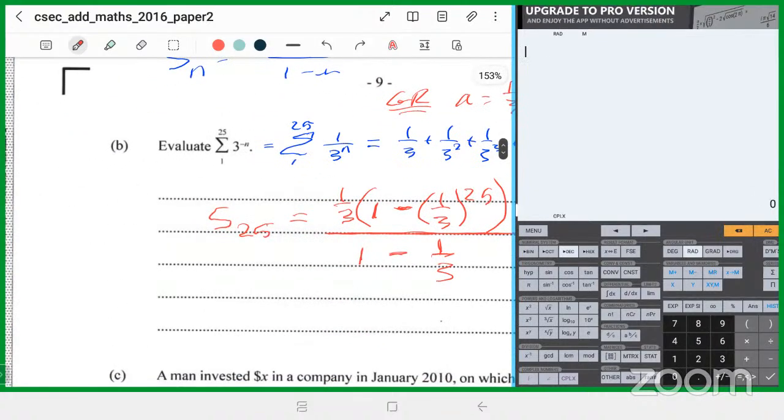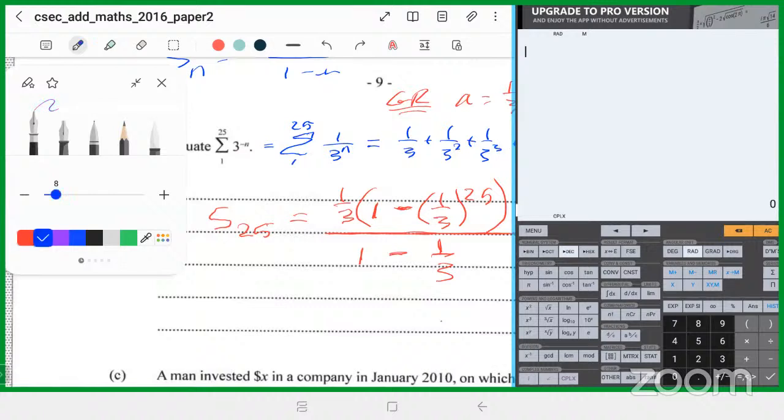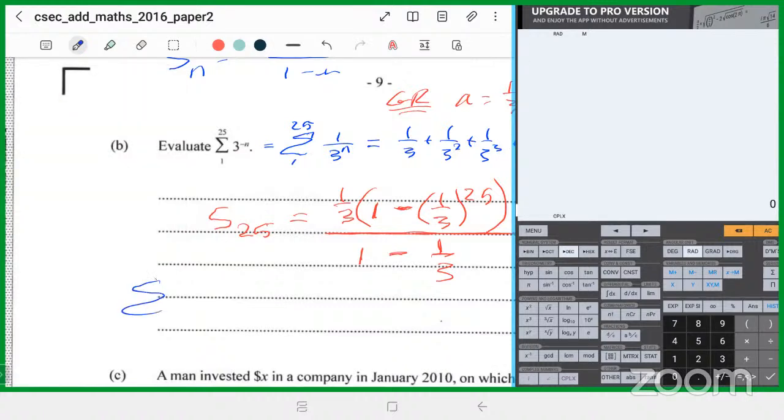For example, if you had the sum from 1 to 25 of 3n plus 1, let's change this to red so you can see it better.